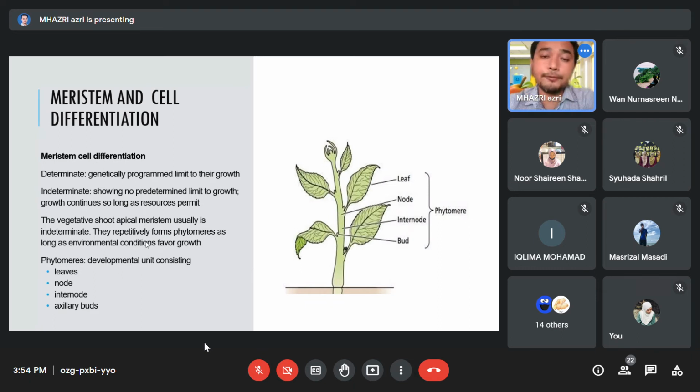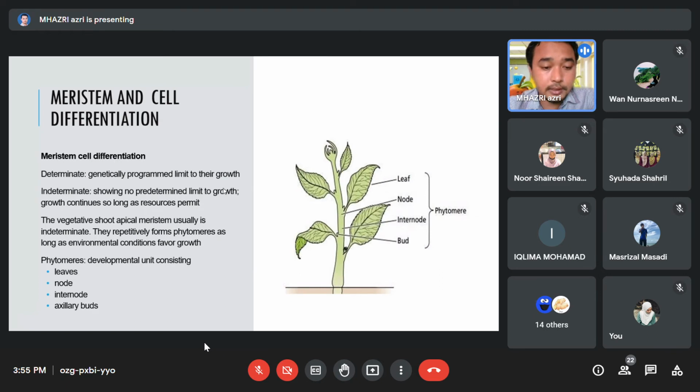Near the leaf, fruits, flower. Okay, indeterminates near the apicals, basals, near the shoot and near the root. The vegetative shoots' apical meristems usually are indeterminate. Okay, like I said earlier, shoots and roots usually have indeterminate differentiation.